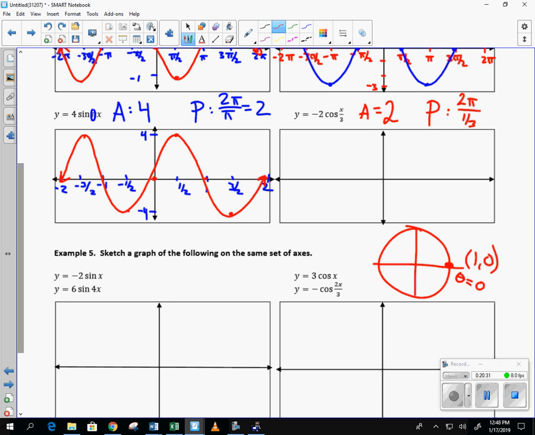How do you do 2 pi divided by 1/3? And you get 6 pi. Negative 6 pi. Uh-oh.